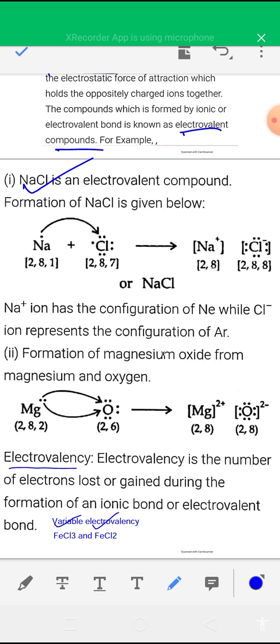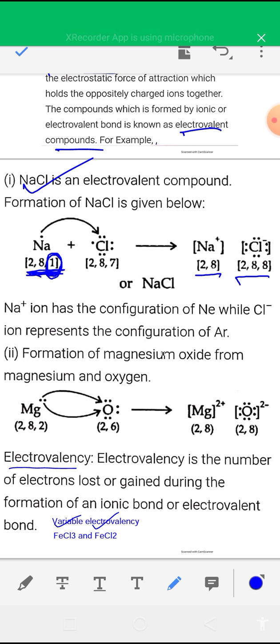In NaCl, sodium metal is present and chlorine non-metal is present. Sodium has one electron in its outermost shell and chlorine has 7 electrons in its outermost shell. To attain the noble gas electronic configuration, sodium transfers its one valence electron to the valence shell of chlorine, and therefore both sodium and chlorine attain an octet.